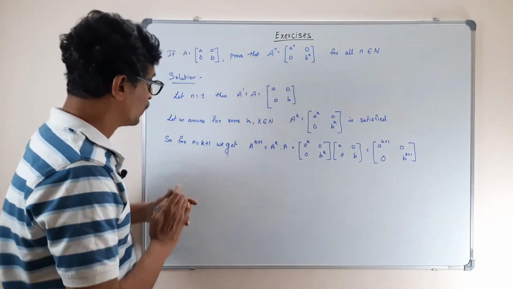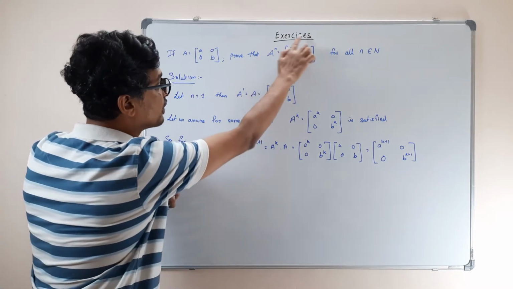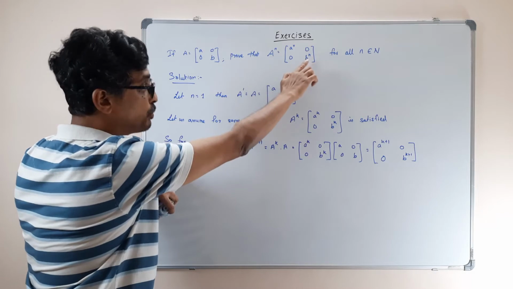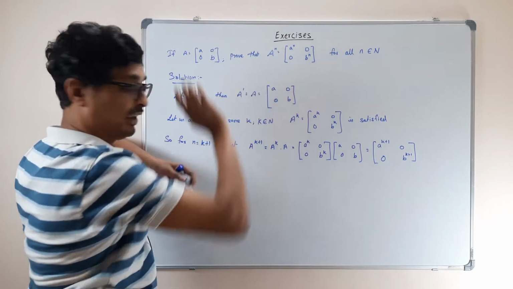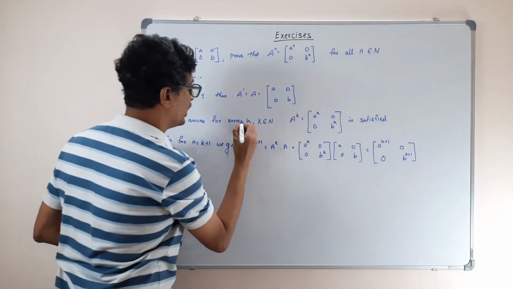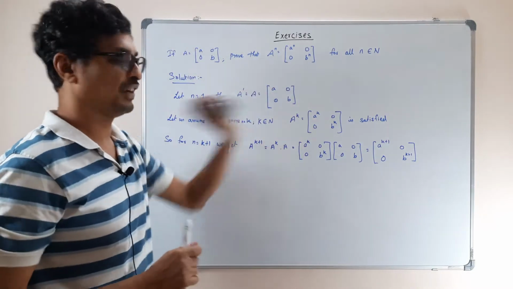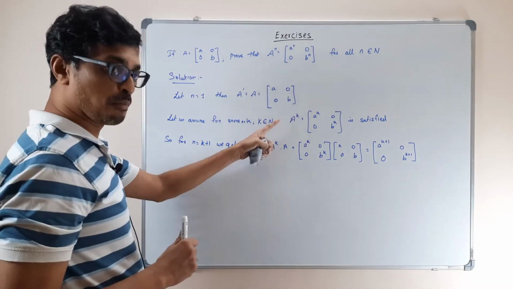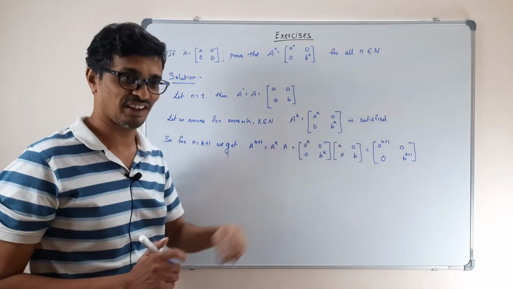If you assume, what they have given is what you have to prove, right? If you assume for some n equal to k this is satisfied, then we have proved that for n equal to k plus 1 is also satisfied, correct?